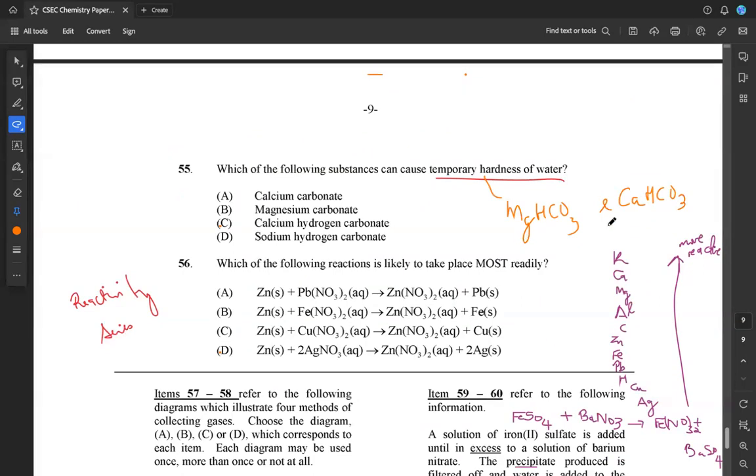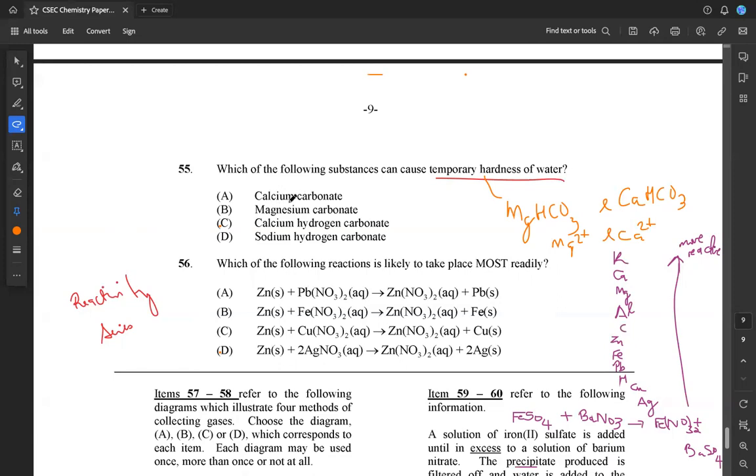These are the groups that contribute to temporary hardness of water. So that Mg2+ ion and that calcium 2+ ion, particularly in the hydrogen carbonate state, are what's going to cause temporary hardness. And temporary hardness means that if we boil that water, we can get rid of that hardness, okay? And these are the species that are responsible for that temporary hardness.